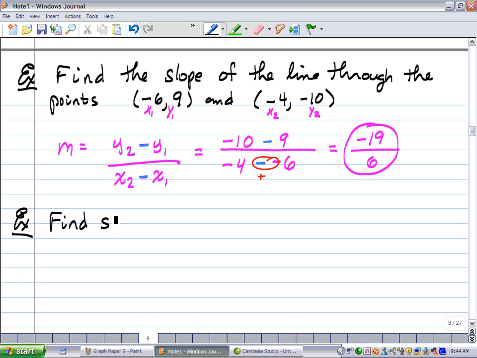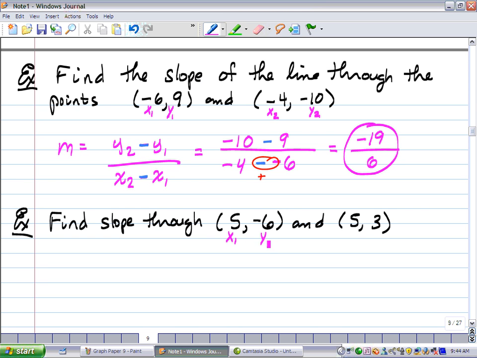Find the slope through, I'm going to do a little shorthand there, through 5, comma, negative 6, and 5, 3. So when I label these, this one's x1, y1, this one's x2, y2, and I'm going to write the slope formula every time until I have it memorized, and then I may still write it occasionally, but I need to write it at least every time.